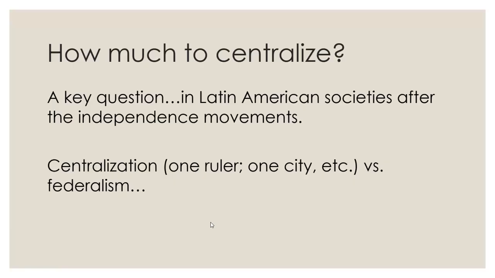But both continents, if you will, do really address this question of how much to centralize and what the government should look like post-colonialism. And in the case of the United States, we have a much smaller United States at the time, 13 colonies that fight collectively against Britain and then ultimately create a government system.